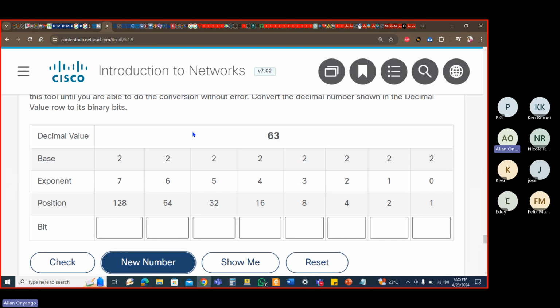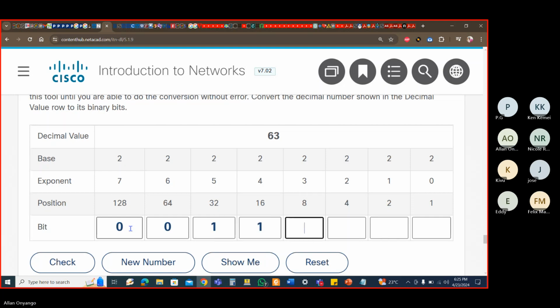It means all these numbers are ones, and the only place you put zeros is at 128 and 64. From 32 onwards, all of them will be 1. I don't know that I'm clear.